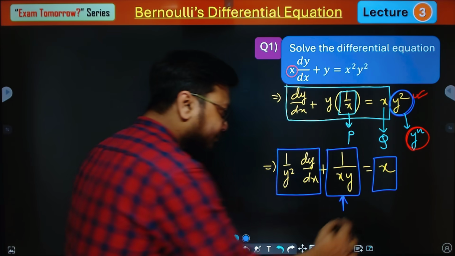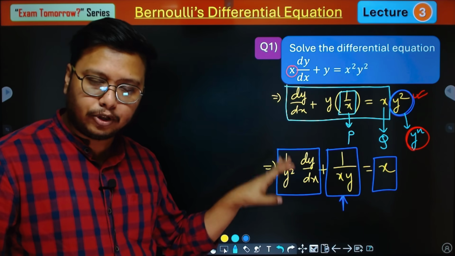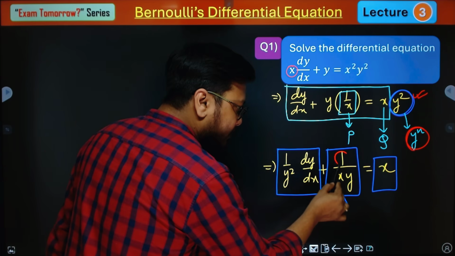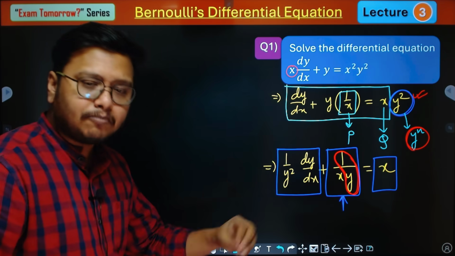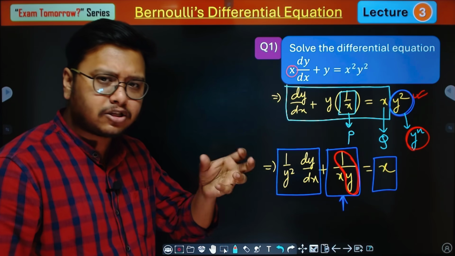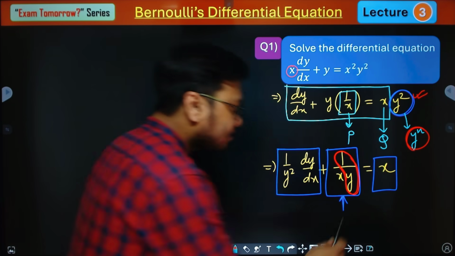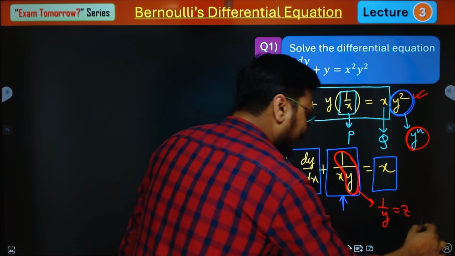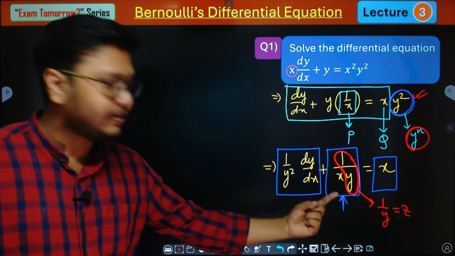In the middle term, except x, suppose x is invisible to you. If x is invisible to you, then what can you see? You can see 1/y. So just remember, if the x term becomes invisible to you, then whatever remains, just substitute that as z, and the equation will become linear in z.